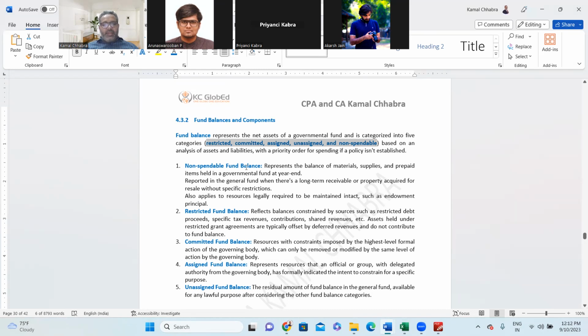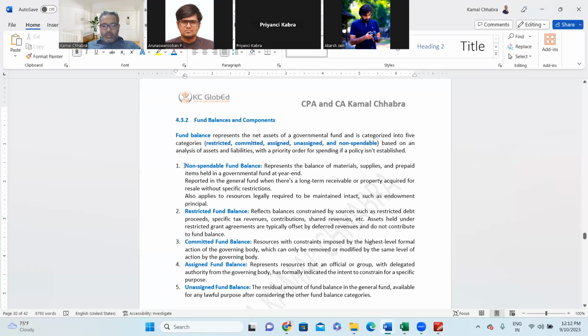Earlier we were talking about the government-wide financial statement. There are 3 items in the net position: one is net investment, second is restricted, third is unrestricted. But now coming to the fund financial statement, funds are of 5 categories: restricted, committed, assigned, unassigned, and non-spendable.